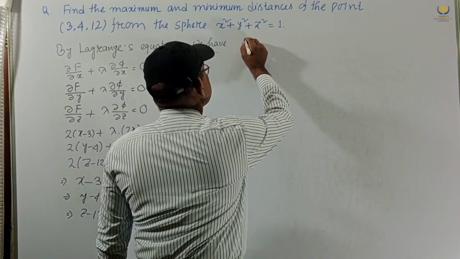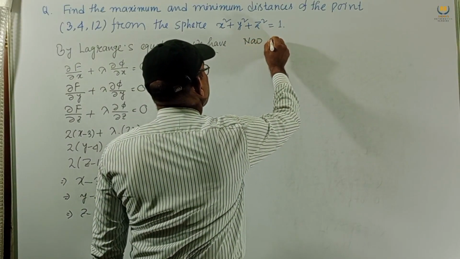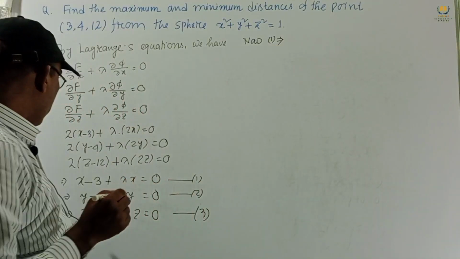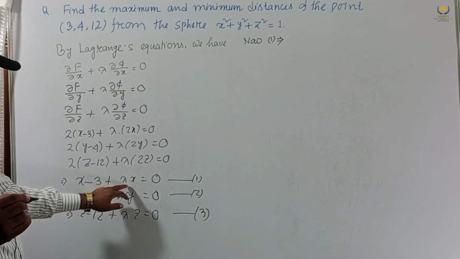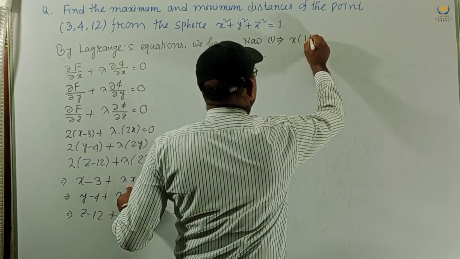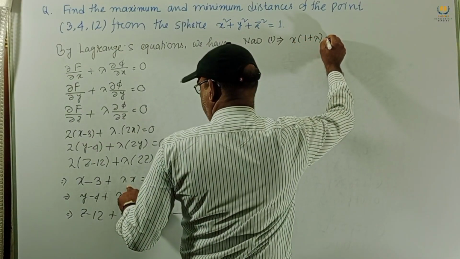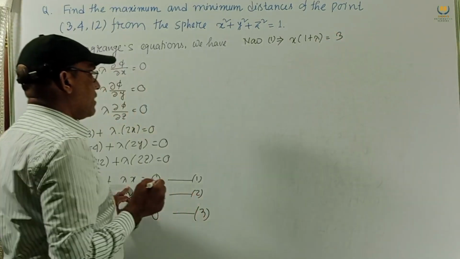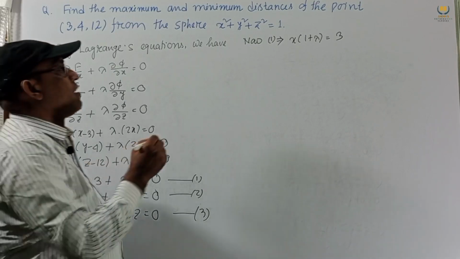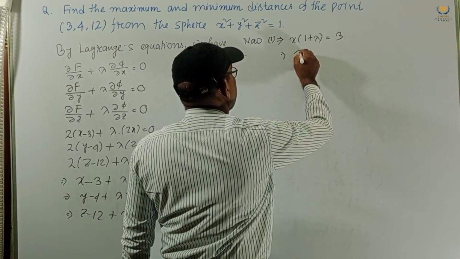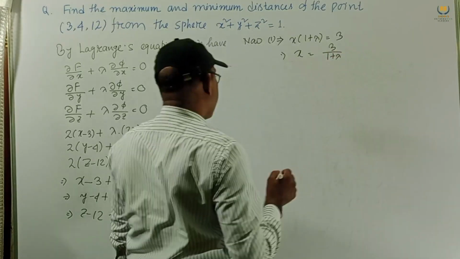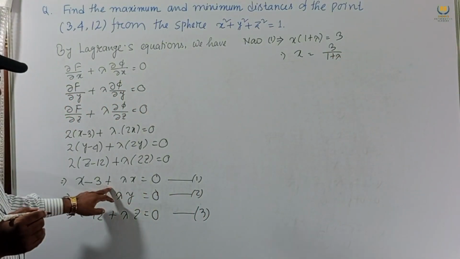Now equation 1: taking x common, x(1 + lambda) = 3, which implies x = 3/(1 + lambda).